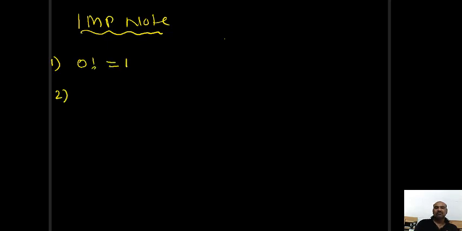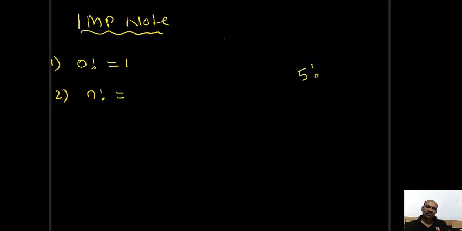Another important note. One by one I will write now. First of all, 0 factorial is 1. Second note, n factorial can be written as, I will explain through an example.